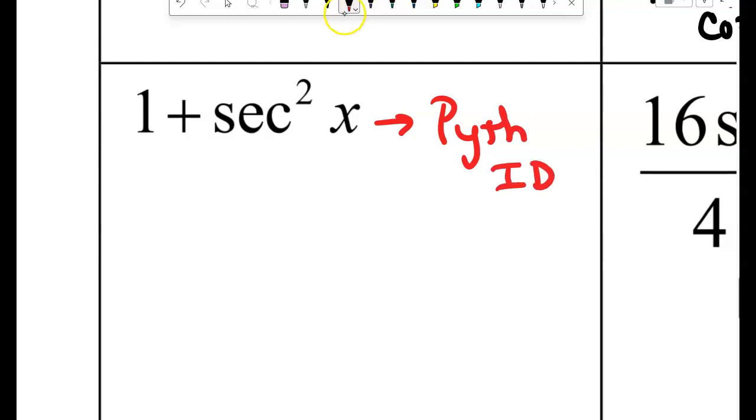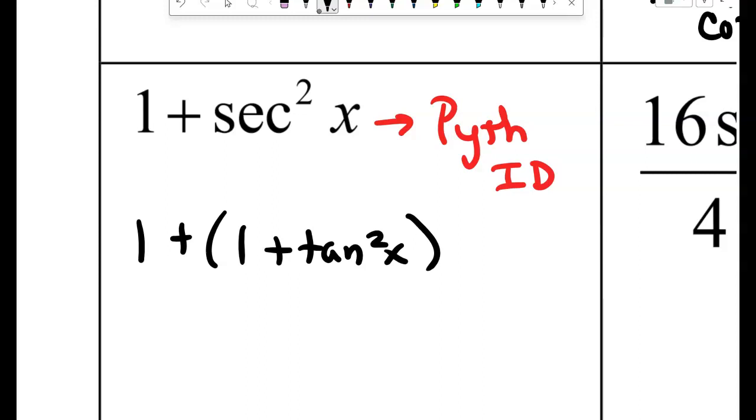What would I possibly put in here? Well, I could easily replace secant squared x with 1 plus tangent squared x. Maybe I will replace the 1 with something, right? We don't know. But this would be a possibility of what you could do. Again, we don't know if that's the right choice because we don't know what's on the right-hand side. We're just saying, what is a possible start for this?